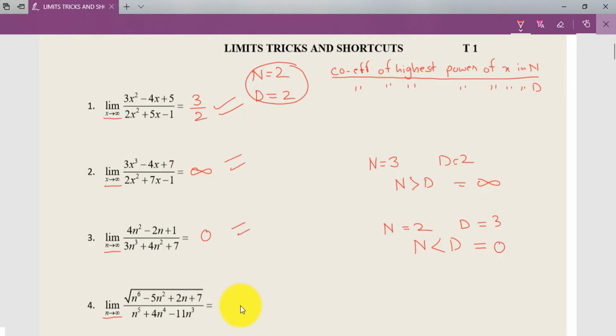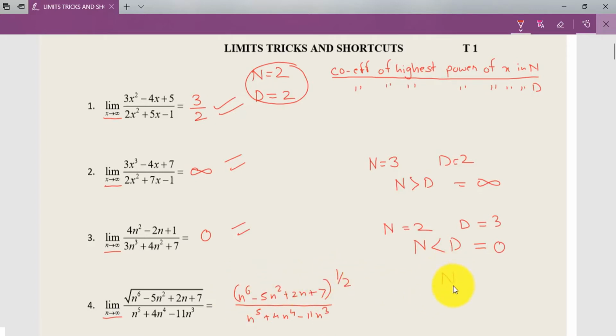Now coming back to the fourth problem, I can write this as n power 6 minus 5 n square plus 2n plus 7, the whole divided by n power 5 plus 4 n power 4 minus 11 n cube, and this is 1 by 2.